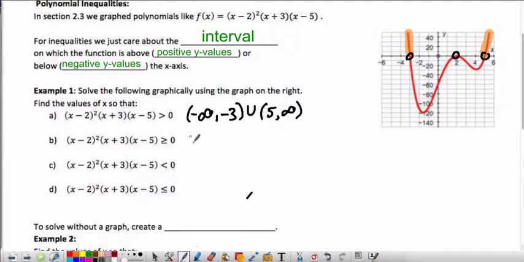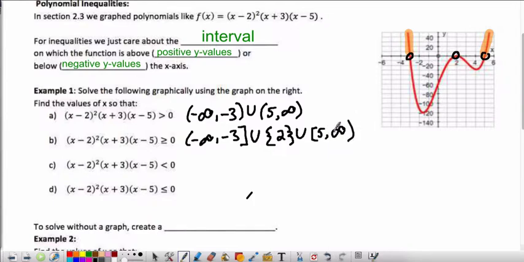So we have negative infinity to negative 3, but this time we're including negative 3, union, and since it's equal to 0 here, we need to include 2. It's just by itself, so that's how we write it. Union, and then we're starting up at 5 again, but this time we're going to include the 5 to infinity.